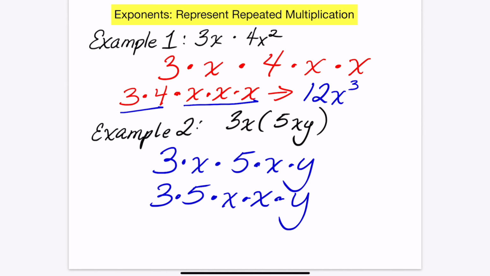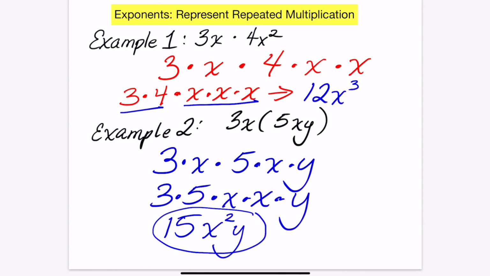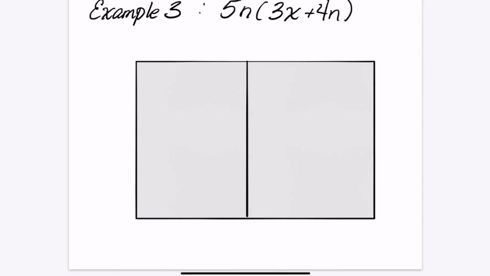So I like doing that, where if they're closer together, it makes it easier for me in my mind to notice them. And again, I'm just multiplying my whole numbers to get 15. 2 x's there, make x the second power, and y. So I can still simplify out my term. So that's one idea that I want to just put across in terms of multiplying just 2 sets of terms together. So let's go into a more complicated one.